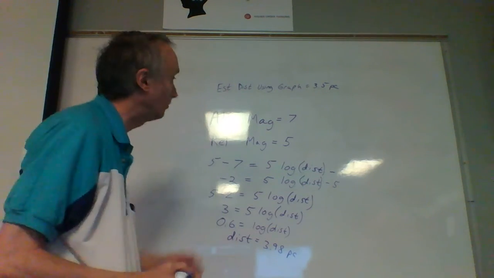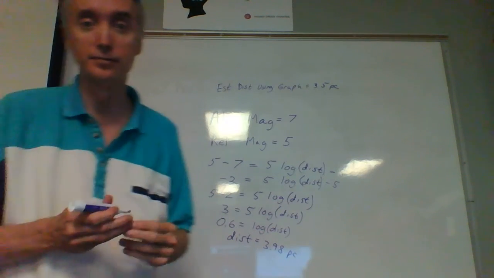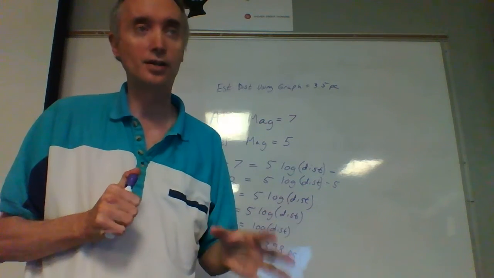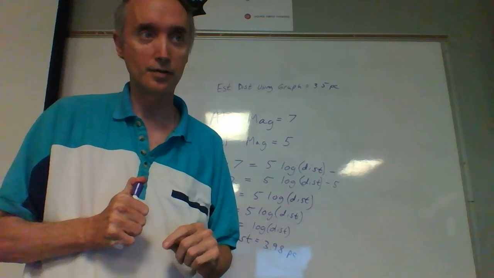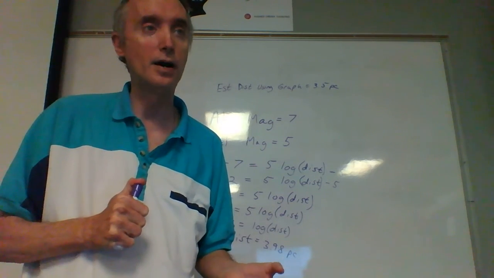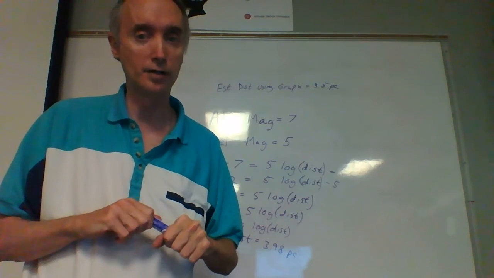But what did I think it was? 3.5. So it's not bad. The calculated one is always going to be the more accurate one. The one using the graph is easy to do, but it's not going to be as accurate as if you use the formula to get it.